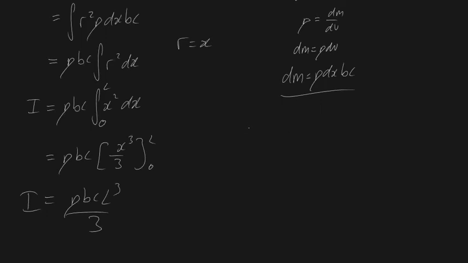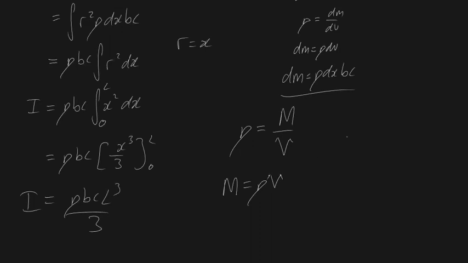If we assume, like we did earlier, that our density is constant, that means that our density is going to equal our total mass over our total volume, right? So our total mass over our total volume is equal to our density if the density is constant. Okay, so we can now simplify that to write that our mass is equal to our density times our total volume.